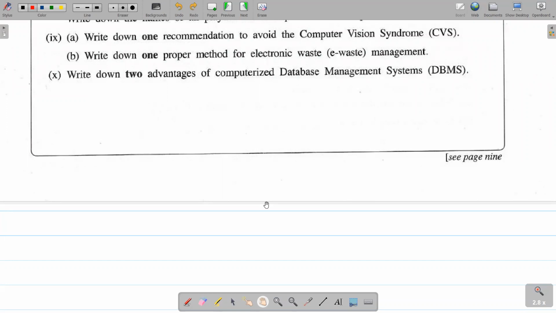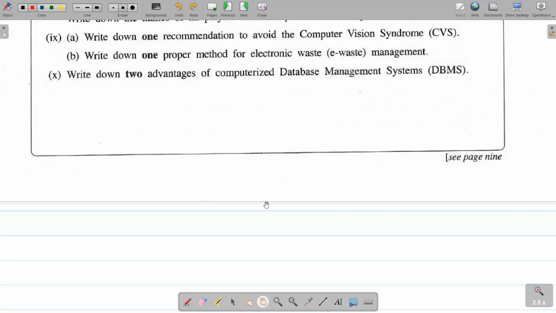Yes, so if you want to get away from the computer vision syndrome, it's better you keep the distance between the screen and your eyes, and it's better you place the screen just below the eye level, as well as it's not good to stay in front of the screen for a long time, and if you need to stay, have short breaks, right? So the eyes will be relaxed.